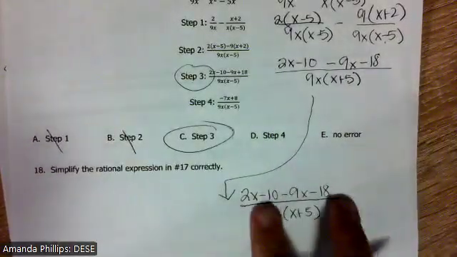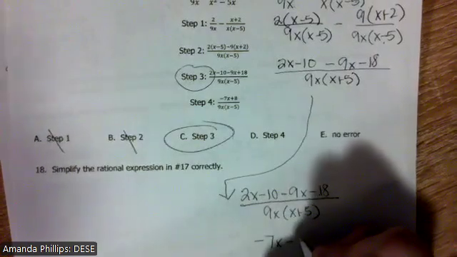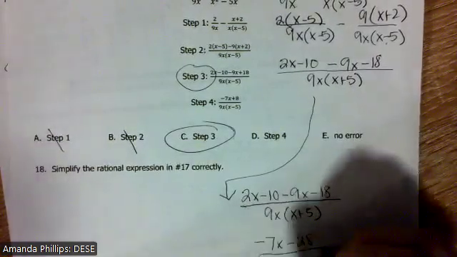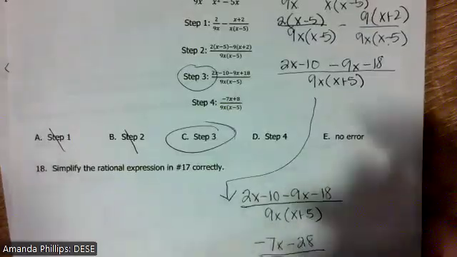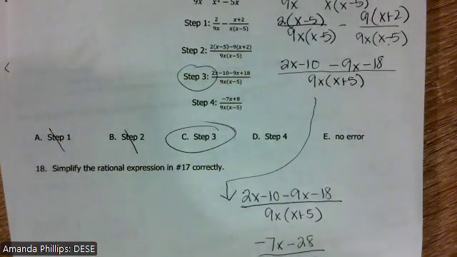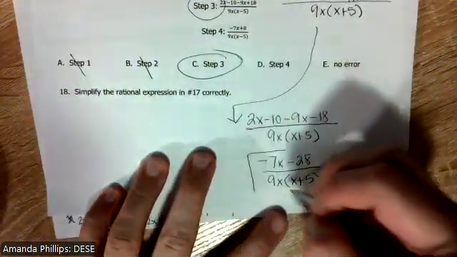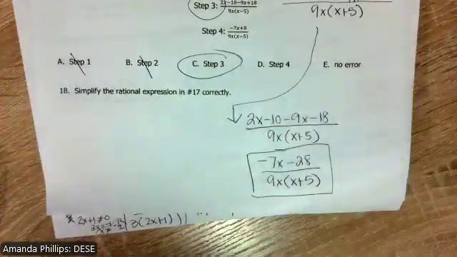So 2x minus 9x is negative 7x, and negative 10 minus 18 is negative 28. And we are left with 9x times x plus 5. And this is our final answer.